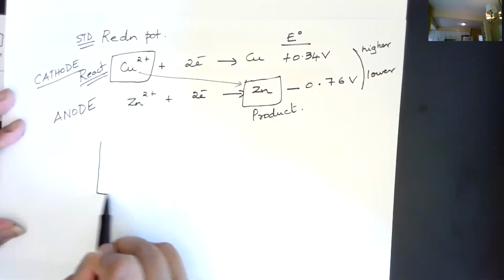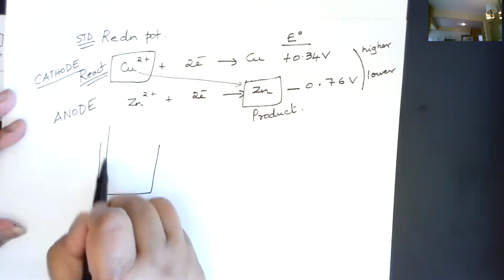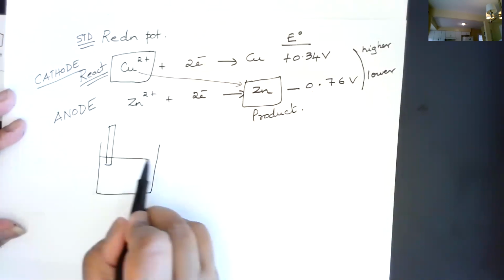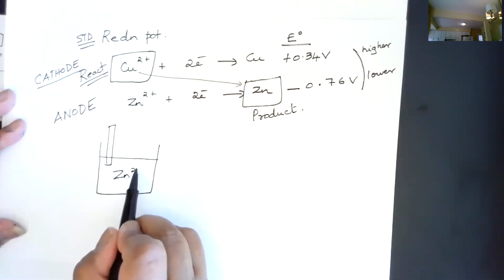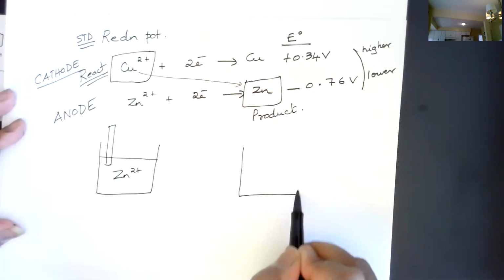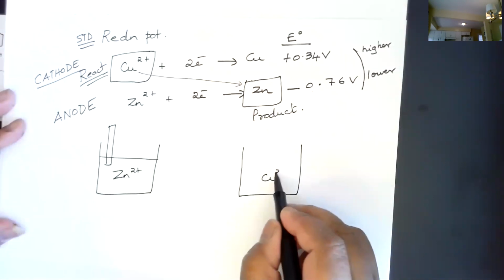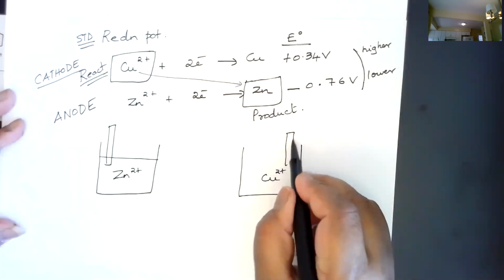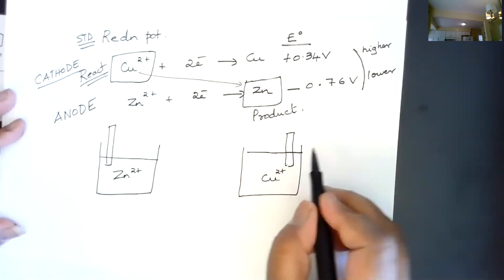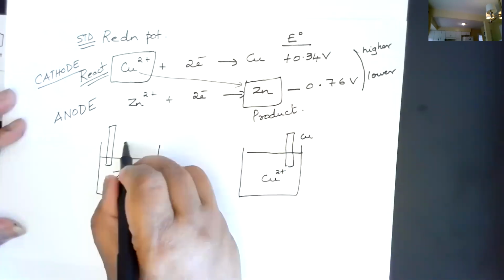So in my cell, I'm going to have zinc. You don't have to draw this every time, but I'm doing it so you understand. And this is what we did the other day, right? Copper 2 plus and copper. Remember we talked about the salt bridge. All those are required.